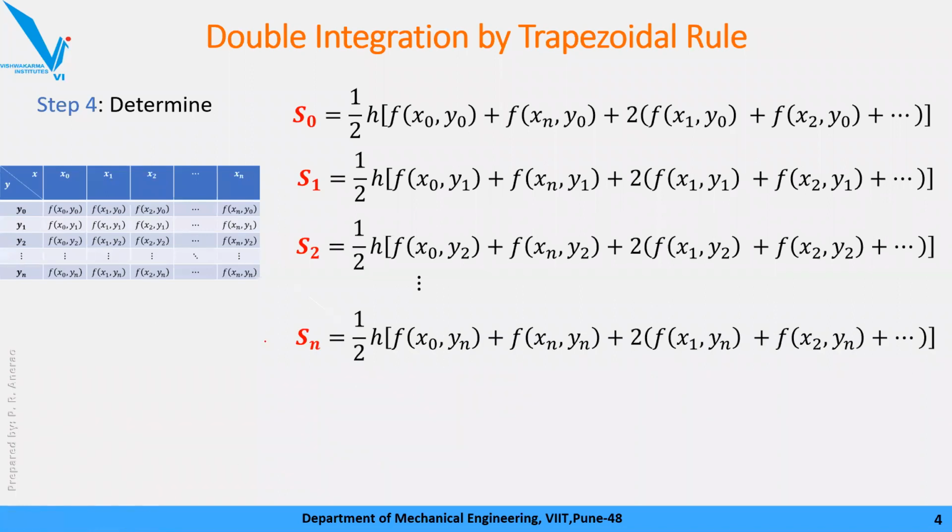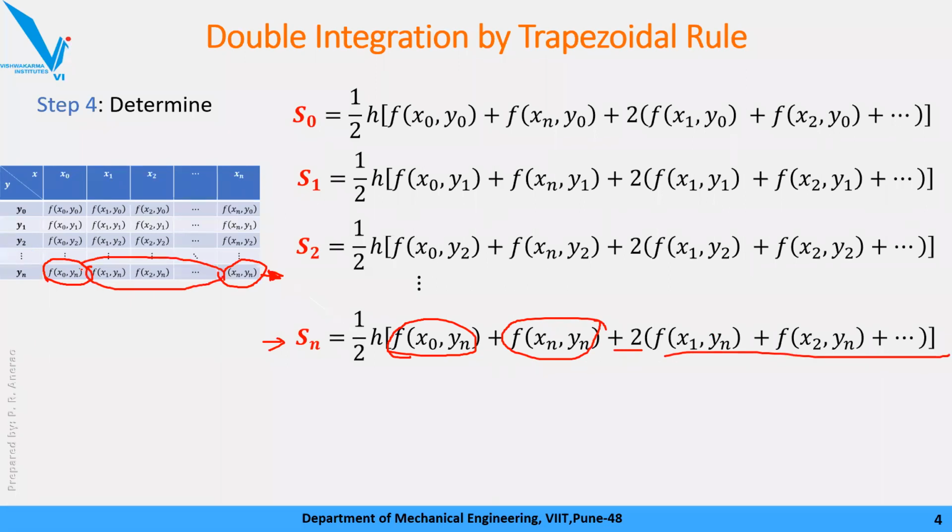For the last one, Sn refers to the last row: f of x0 yn, that is the first element, plus the last element, plus 2 times the summation of the remaining elements from that row. And if you look at the formula, it's almost similar to your trapezoidal rule.